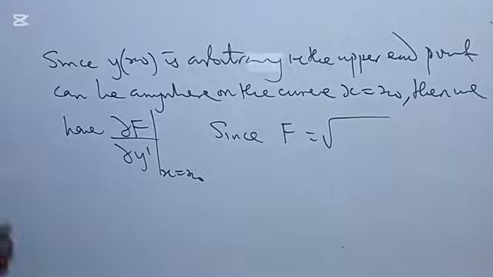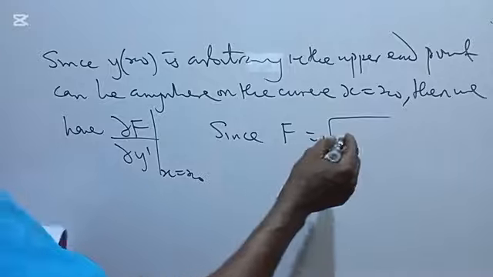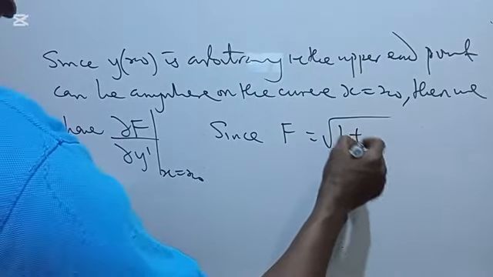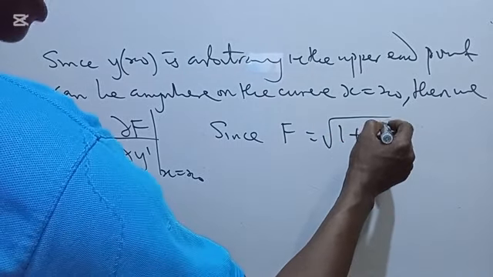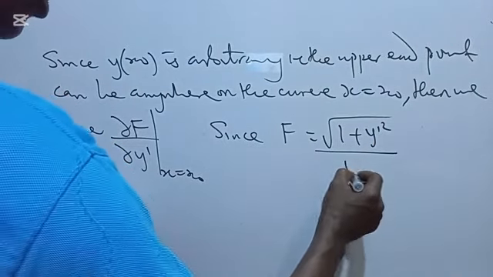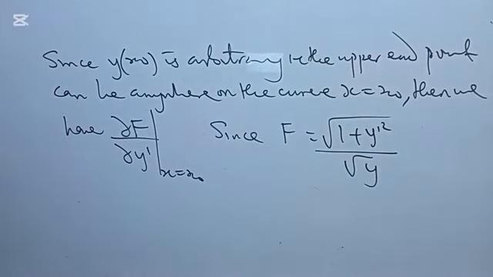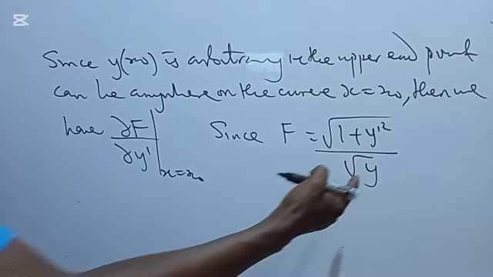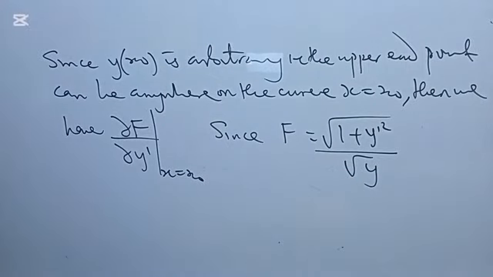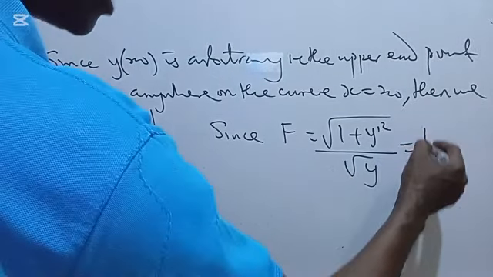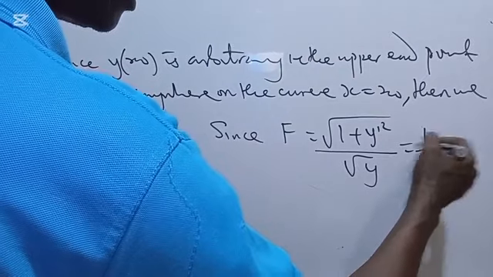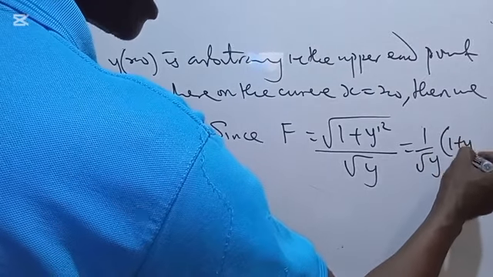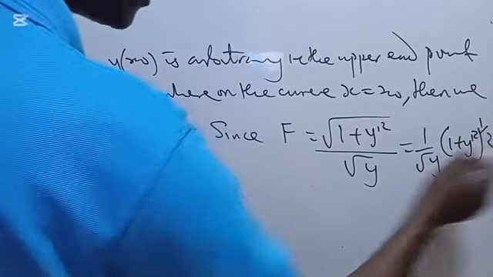Our f is the square root of 1 plus y prime squared all over root y. Okay, so that's our f. Good. Now we want to differentiate partially with respect to y prime; y is a constant here. So we can write this as 1 all over root y, times the square root of 1 plus y prime squared, that is, 1 plus y prime squared raised to the power half.